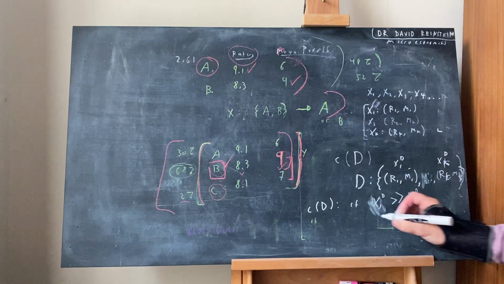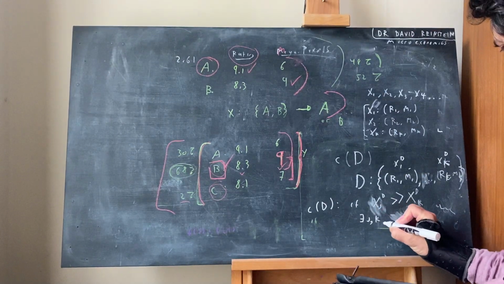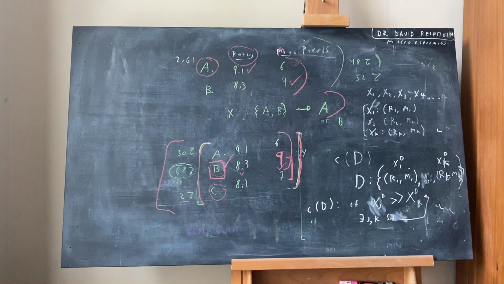So in other words, if there exists some j, k such that, okay, but that's the only one. How do I say, and that's the only one?